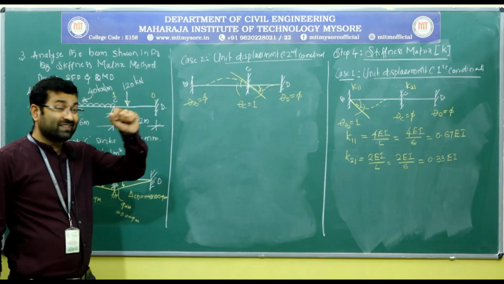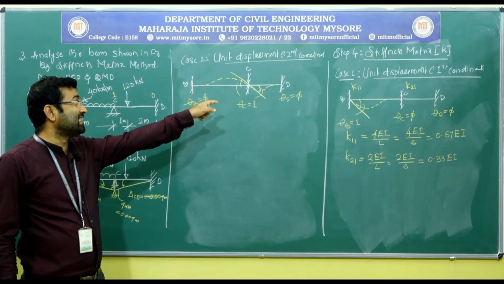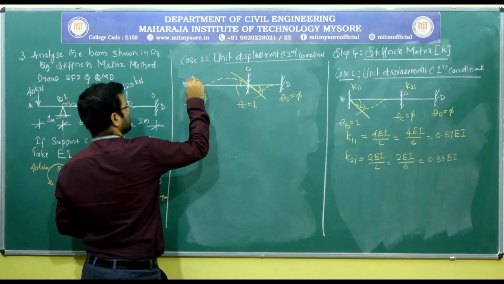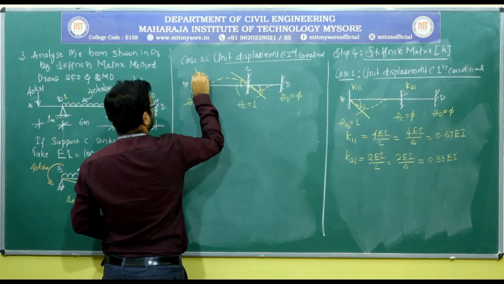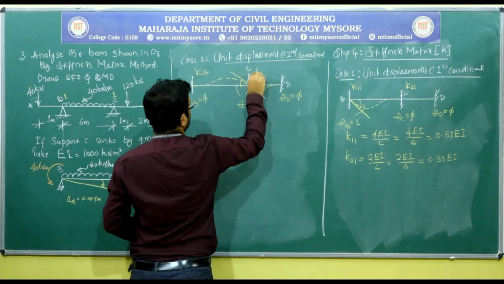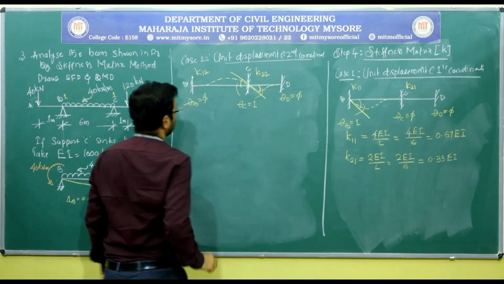Right, because of this unit rotation at C, I need to measure the forces at B as well as at C, that is K12 and K22.